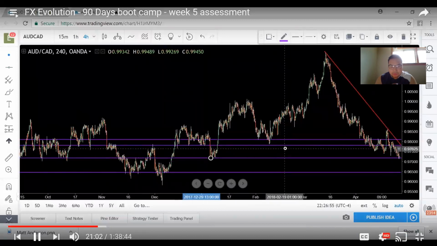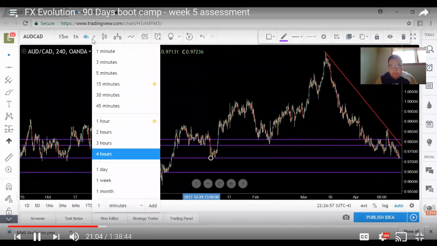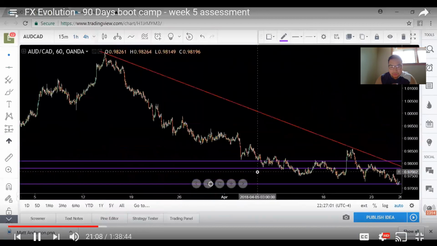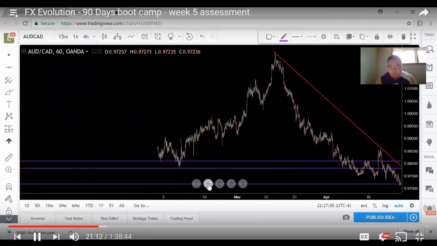All right, go to the 1 hour. You're going to do 1 below and 1 above, so one support, 1 resistance.